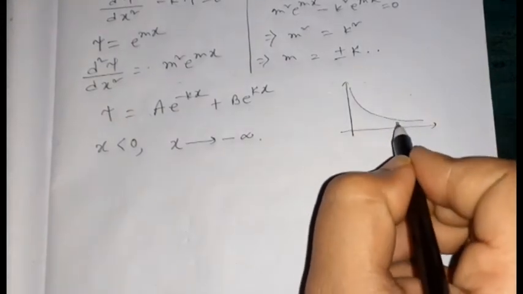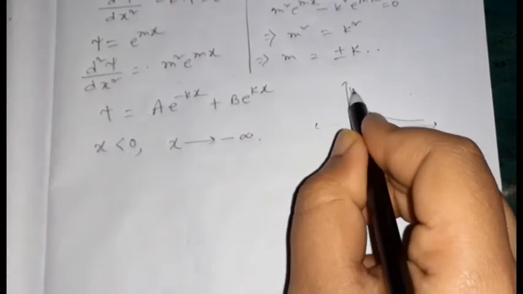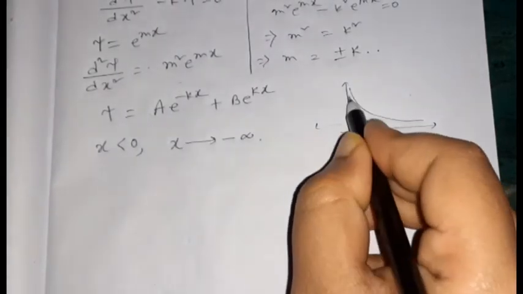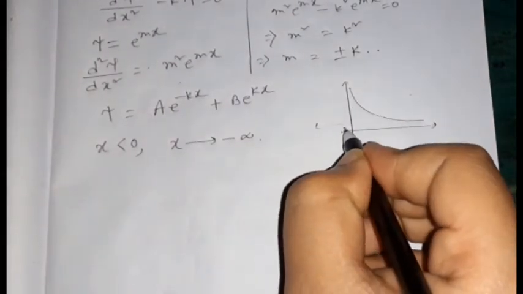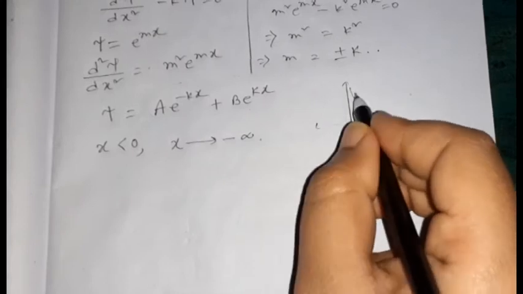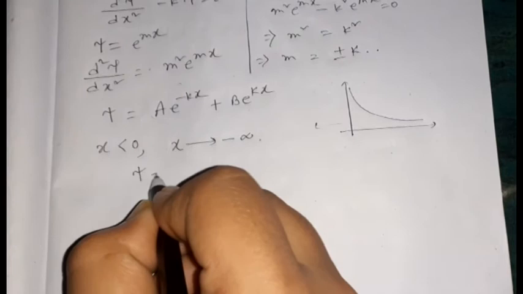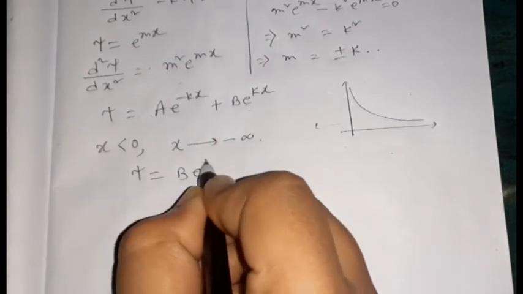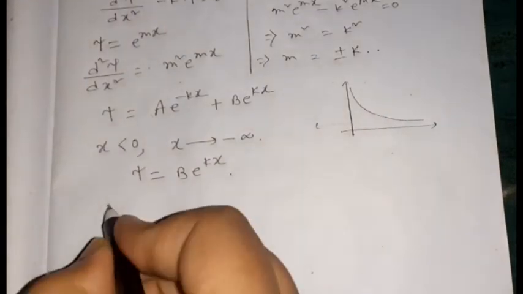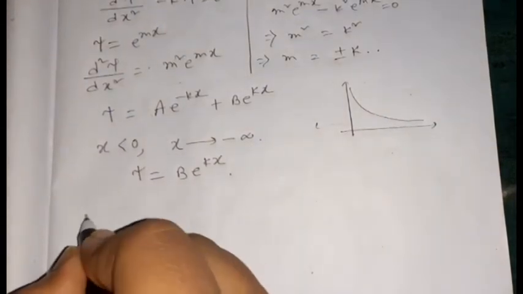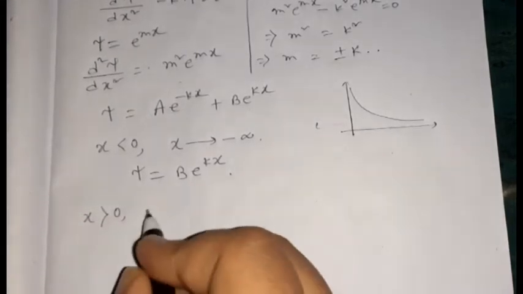So for minus infinity, you can easily see that this becomes 0. At x equal to 0 it is 0, and at x tends to minus infinity it is 0. There is nothing. So the solution will be only b e to the power kx. Okay, and now we have to solve it for x greater than 0. It's like the same.